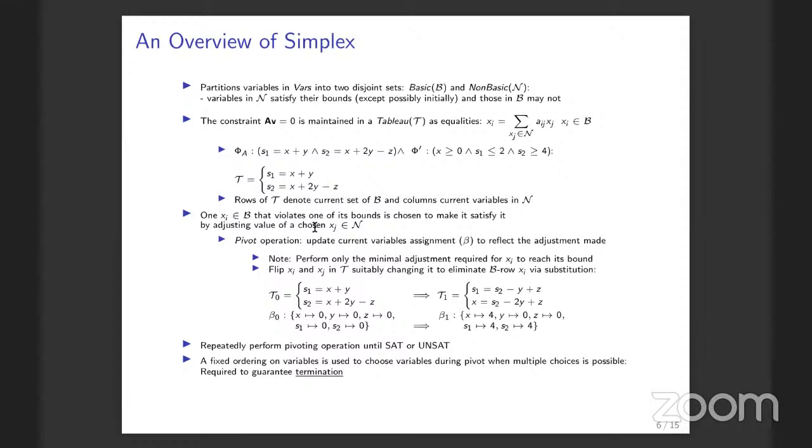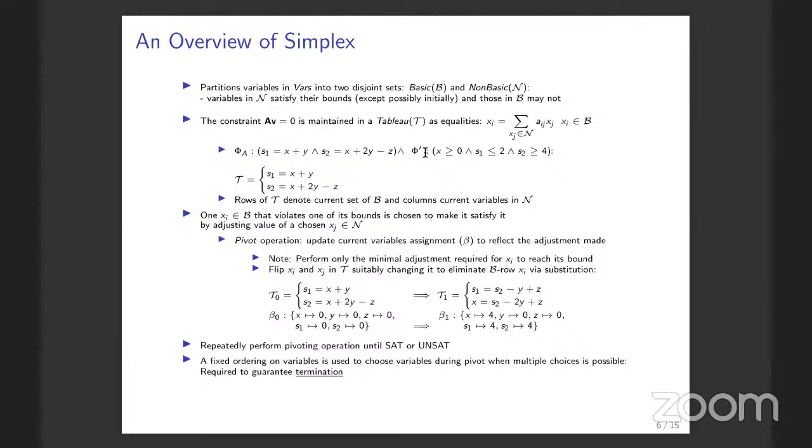So at this point, if you have some basic variables which are violating one of their bounds, and when you choose the non-basic variable to adjust, you will have to either increase or decrease it. When S2 is violating, the short answer to your question is that there is no non-basic variable whose value can be adjusted relative to its current assignment such that you can fix S2 without violating its own bounds.